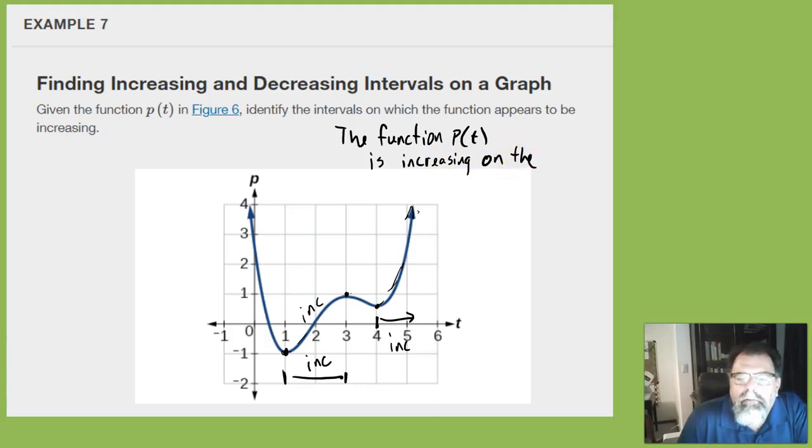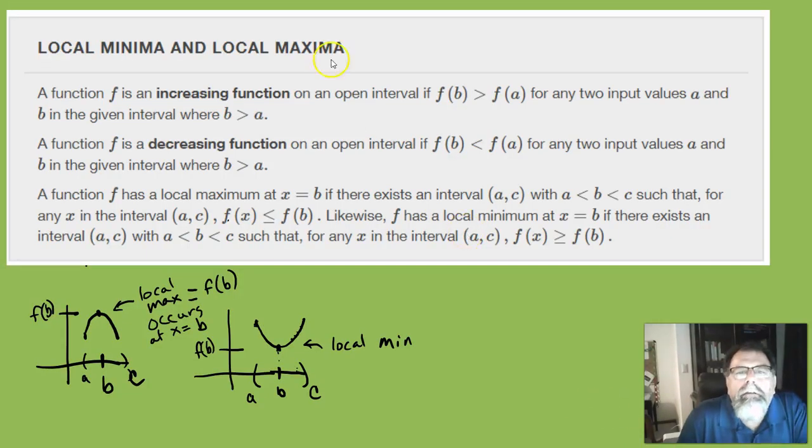you don't have to write the interval. You can just write interval notation. We have to do open intervals by definition. So 1 to 3, even though these are closed dots, in our definition, we defined it to be open intervals. So you always answer with open intervals.